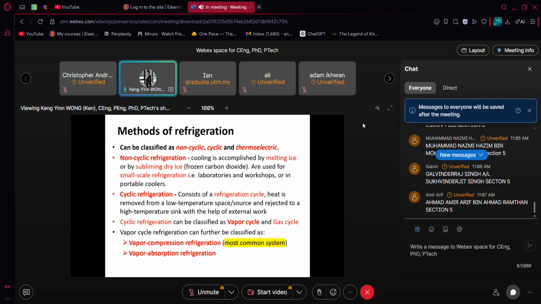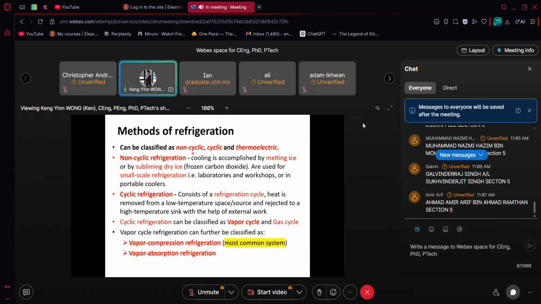There are three different types of refrigeration methods. The first one is non-cyclic, the other one is cyclic, and the third is thermoelectric. The non-cyclic is the small scale refrigeration. Sometimes you see it at the lab or workshop, not the bulky one.